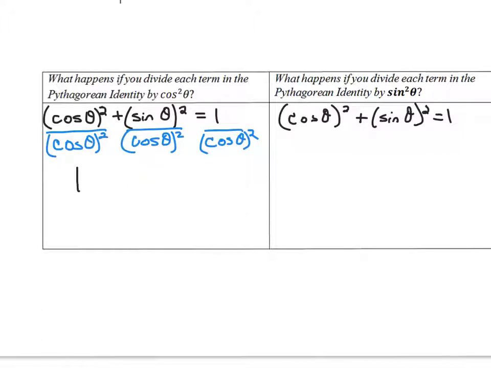It's the same term divided by itself. Now look at what happens with my second term. I've got sine of theta squared divided by cosine of theta squared. We should recognize the ratio sine theta divided by cosine theta. That's really just equal to tangent of theta. Since both of them are squared, I'm going to say tangent of theta squared.